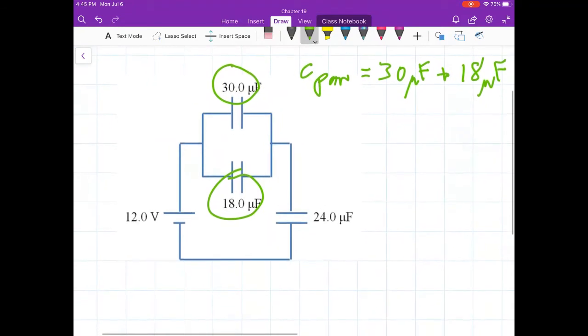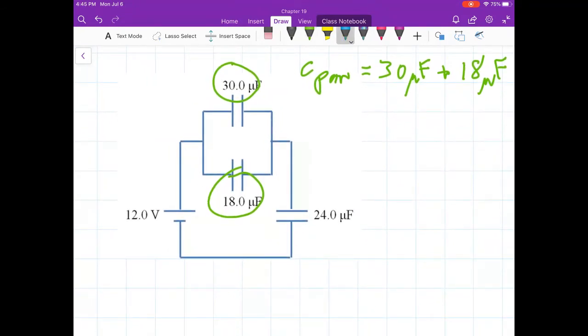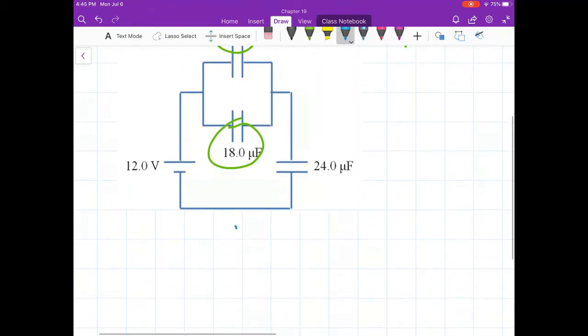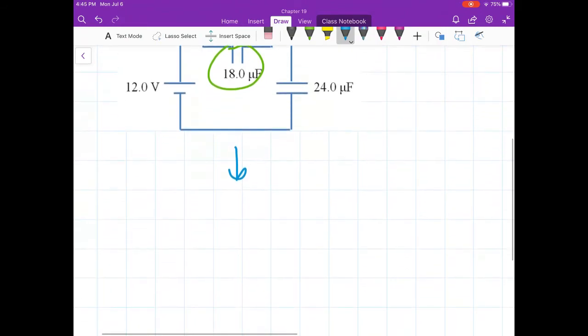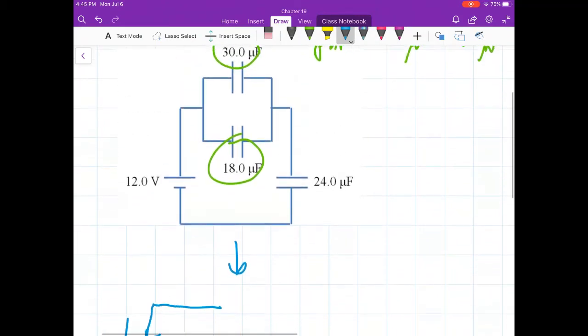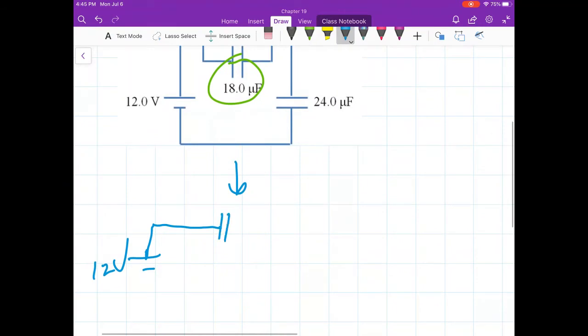What I recommend here is let's replace those two with what the parallel value would be and look at it as a new problem. Okay, so here is the 12-volt battery. The 30 and 18 I now put as a 48 microfarad.